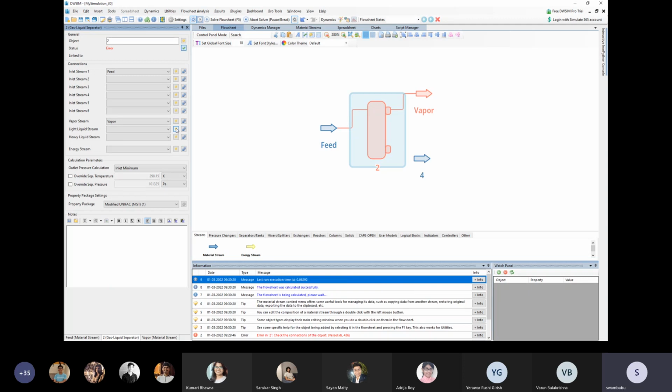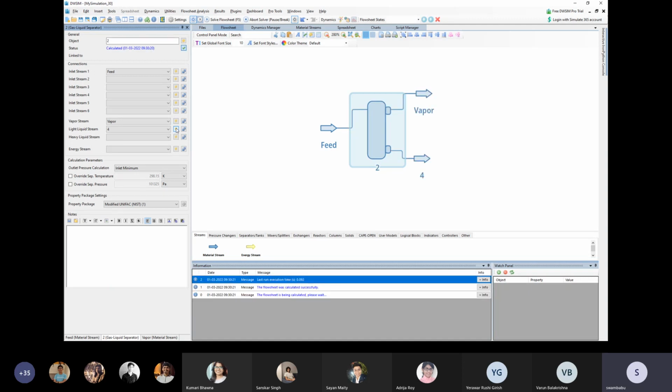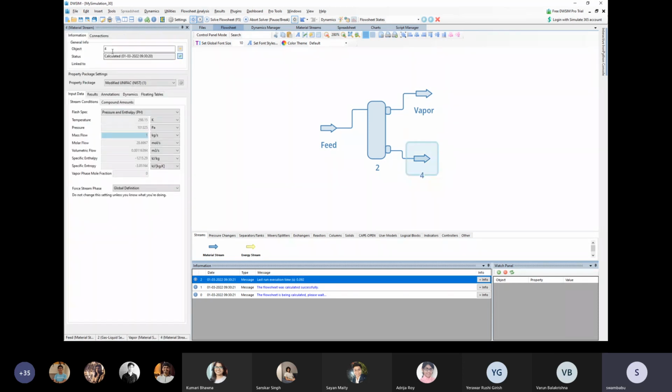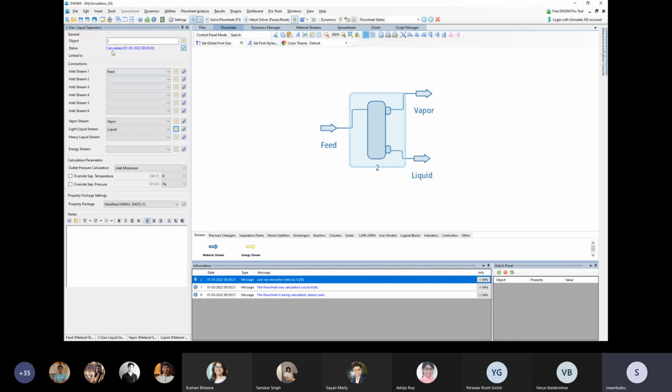So I just click here, create and connect. As soon as we have done this, it turned blue. That means we have defined the minimum things required for this one. Liquid stream, and this is the flash separator.